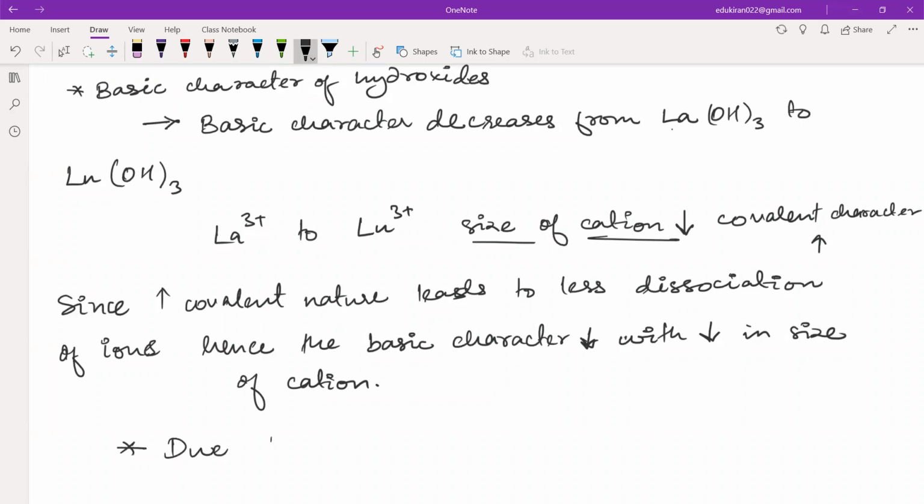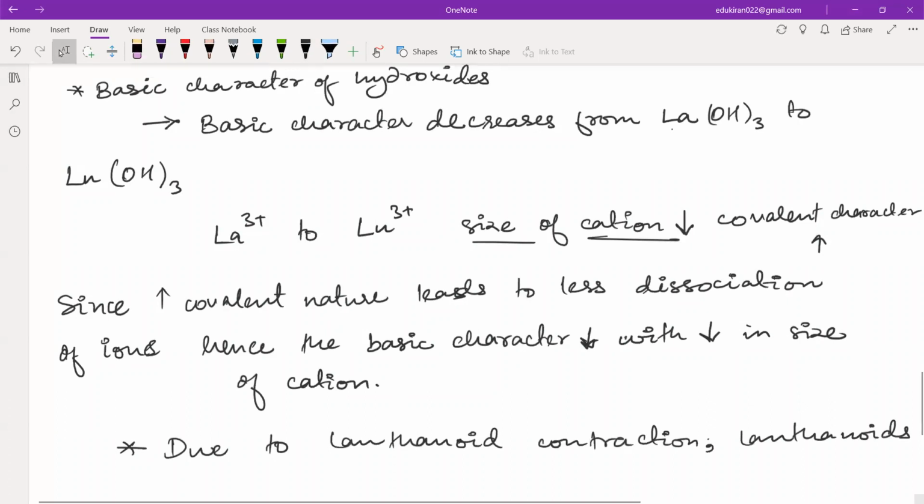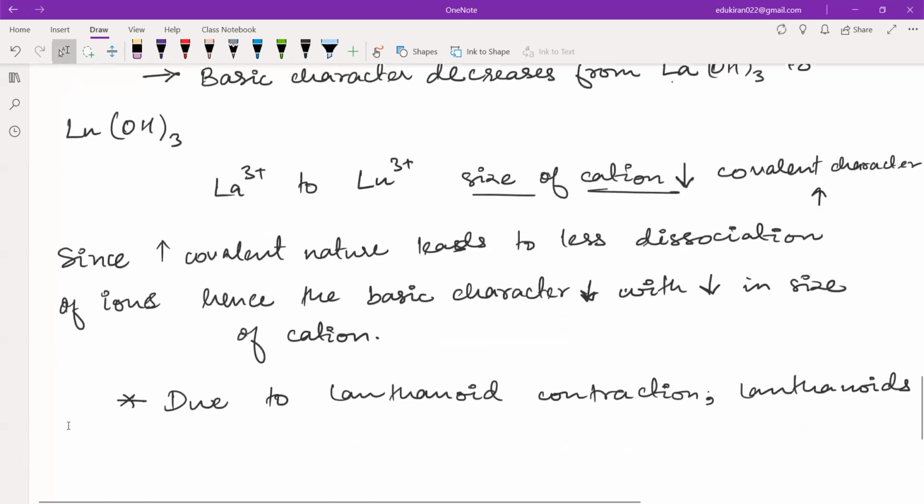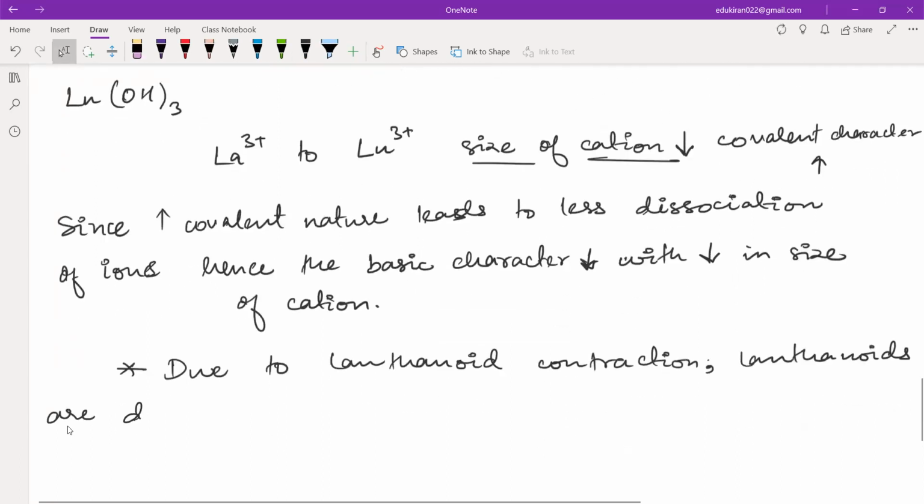Okay, due to decrease in size, or rather I should say due to lanthanide contraction, lanthanides are difficult to separate. Okay, lanthanides are difficult to separate. Write this last point, then you're done.